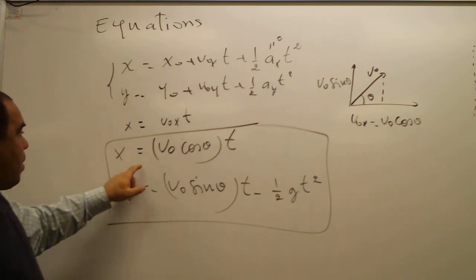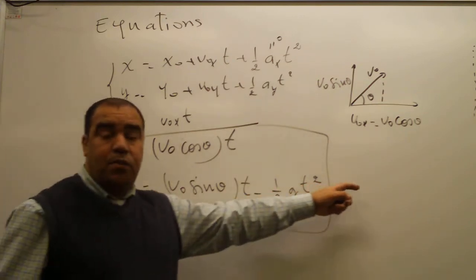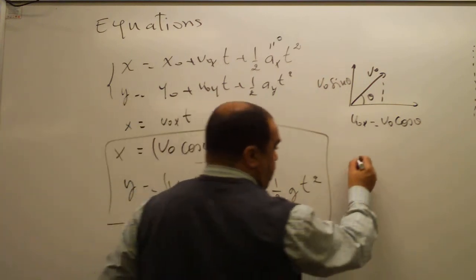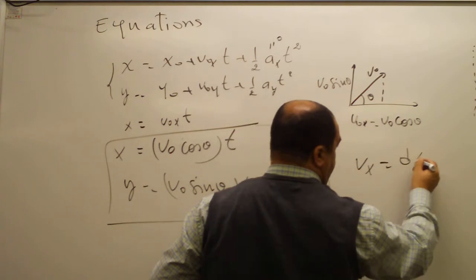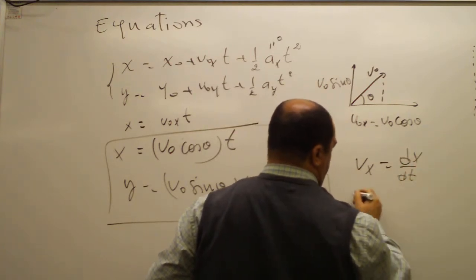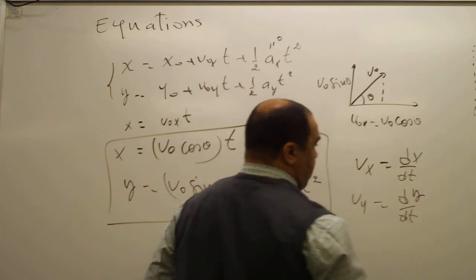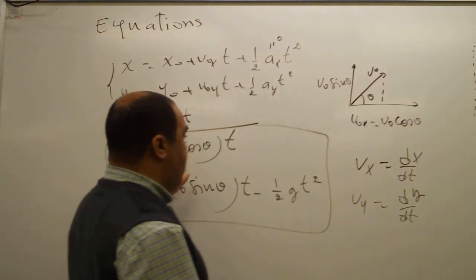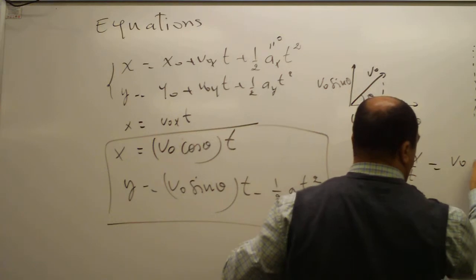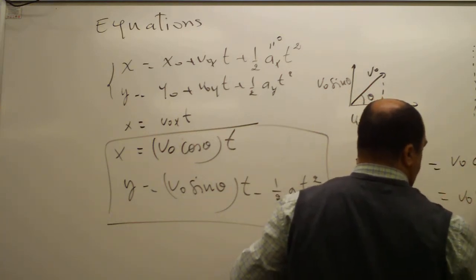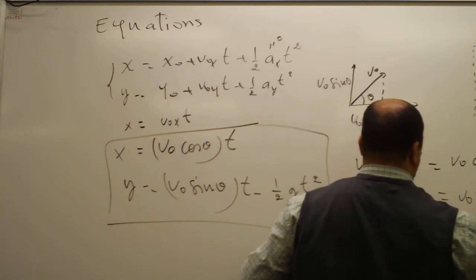If I know the expression x and y, I can figure out vx and vy, because vx would be just dx dt, and vy would be dy dt. So it's very easy. This is just v0 cosine theta, and this is v0 sine theta minus gt.